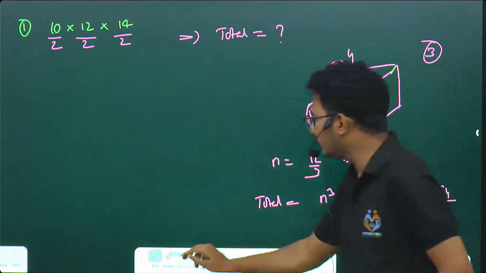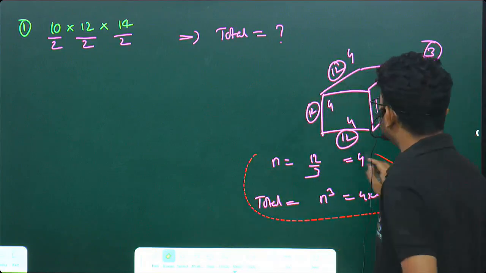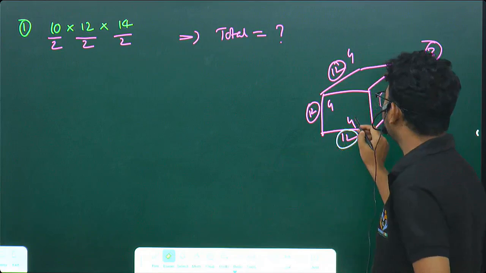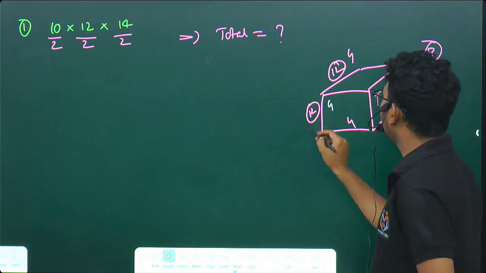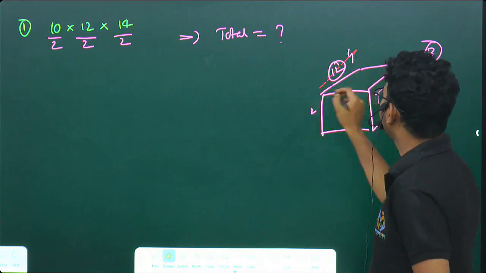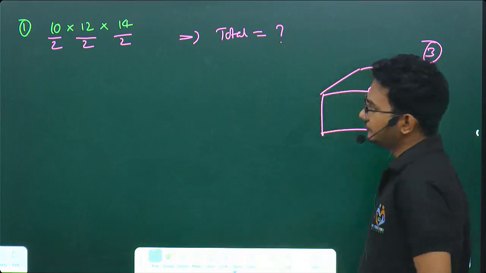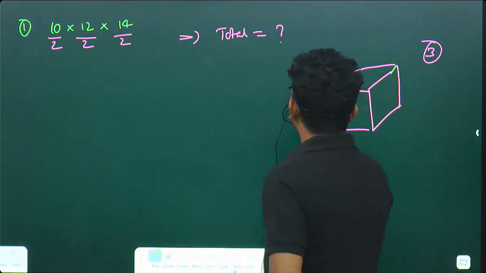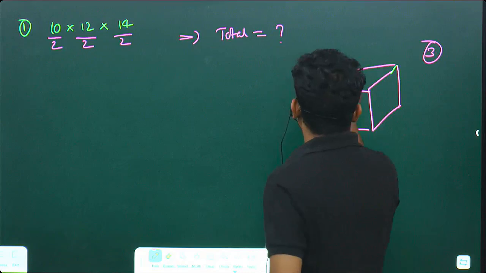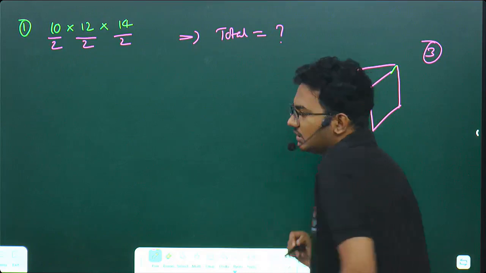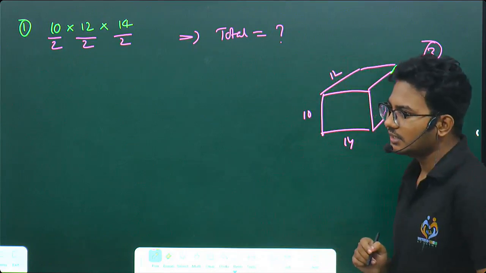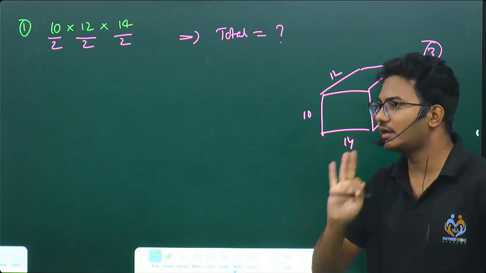But now this is a cuboid. I have given you 10 centimeters, 12 centimeters, and 14 centimeters. So here you will find 3 n values.